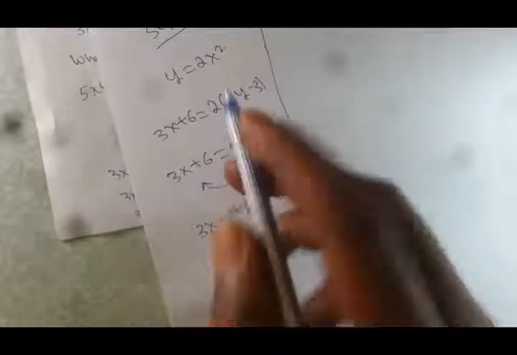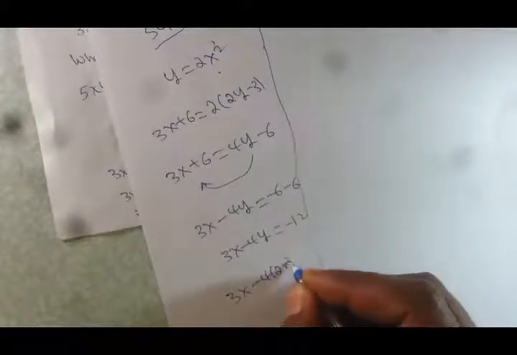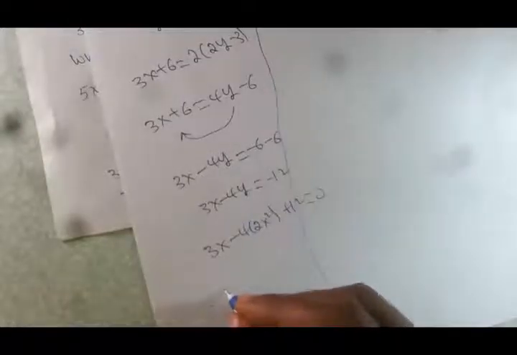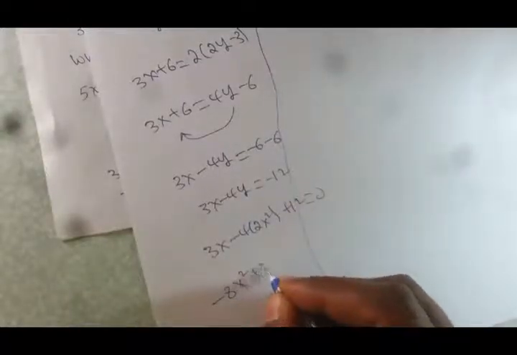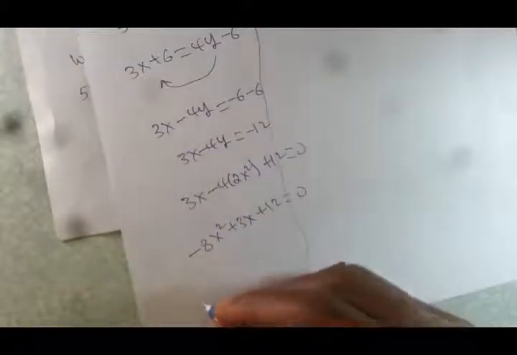Therefore from the first equation we already found the value of y. 3x minus 4 times 2x squared plus 12 is equal to 0, that is minus 8x squared plus 3x plus 12 is equal to 0. So to find this we use the quadratic formula.